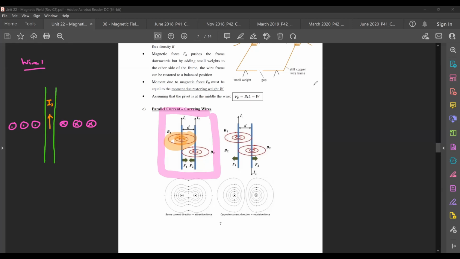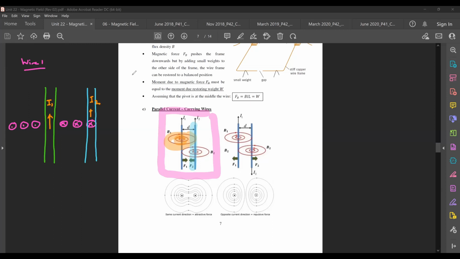Now, let's assume that we now have wire 2 in the picture. Wire 2 is placed somewhat near to wire 1. I could say that maybe wire 2 is right over here. It still has current through it, which we call I2.